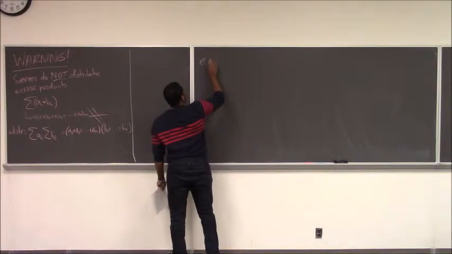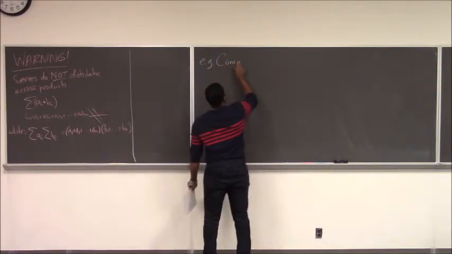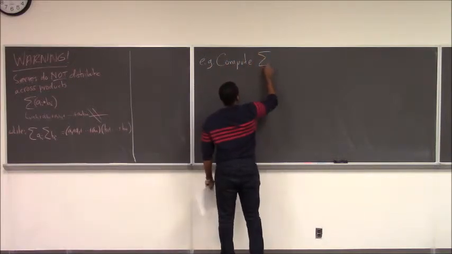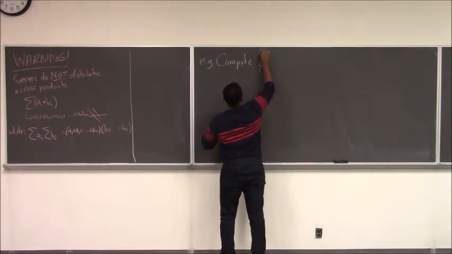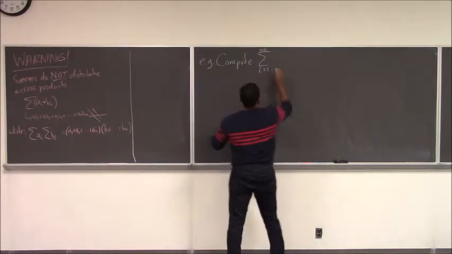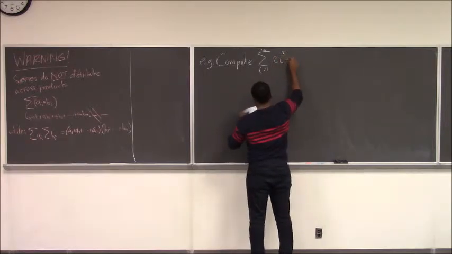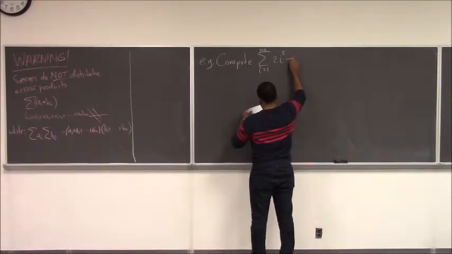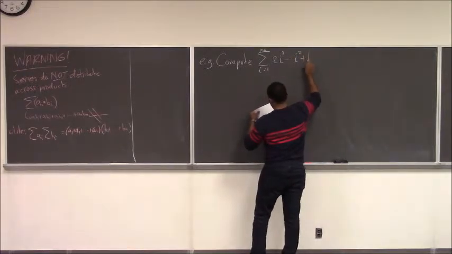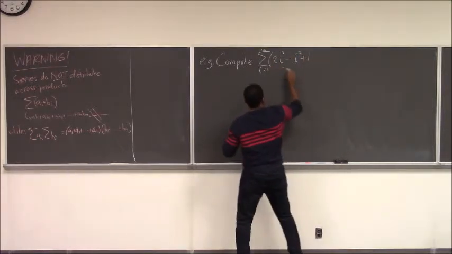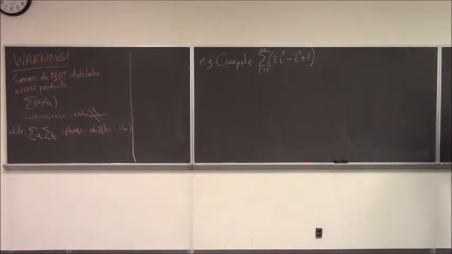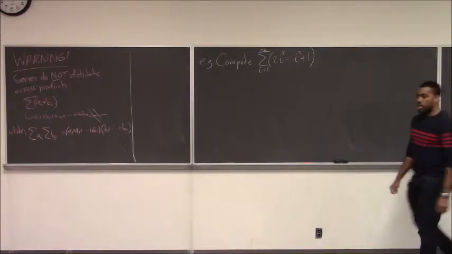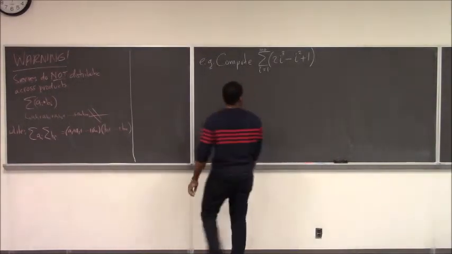For example, suppose you wanted to add up a bunch of things that looked like the following, from 1 up to 100. You want to add 100 things that look like that.